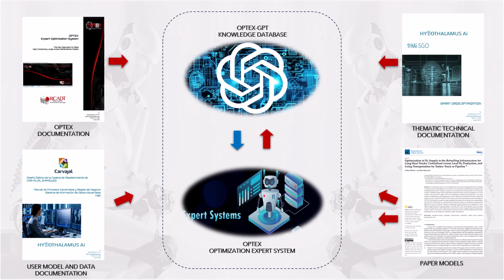The latter information system integrates the following sources of data: the expert system of OPTEX; OPTEX documentation, all its manuals and supplementary documents; technical thematic documentation from different sources, the main one being Hi's white papers, as they are aligned with Hi's holistic vision; papers of journals, research reports, and information from the models developed by Hi; and the user database. In this way, modelers and users will be able to use the new OPTEX-GPT interface.